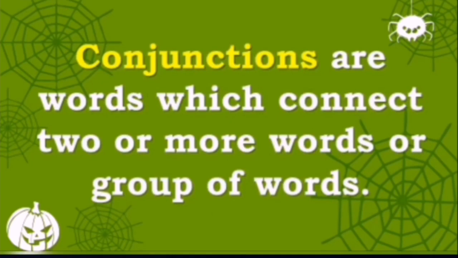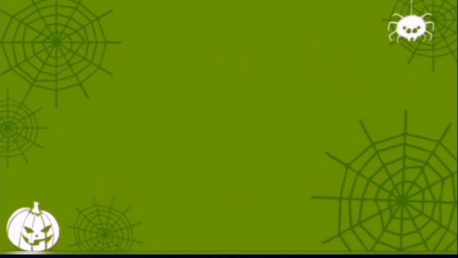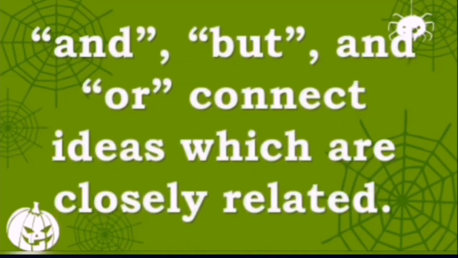Let us now sum it up. Conjunctions are words which connect two or more words or group of words. Conjunctions are simply connectors. And, but, and or connect ideas which are closely related.